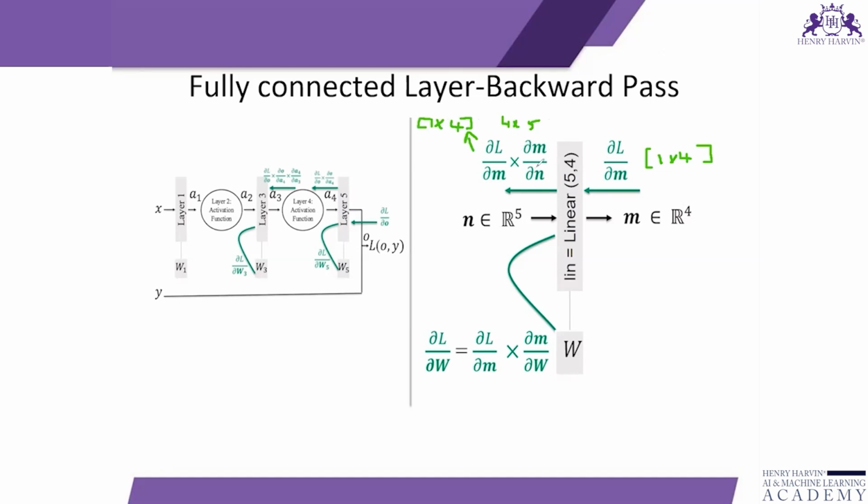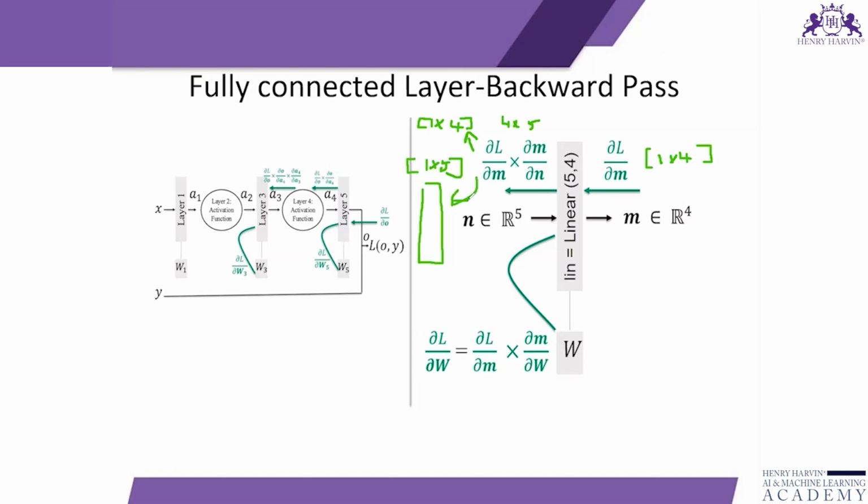For the previous layer, what do we get? 1 cross 5, because the number of inputs is 5 elements. Suppose there was a layer here, the gradient that will go inside this, dou L by dou N, will be 1 cross 5.